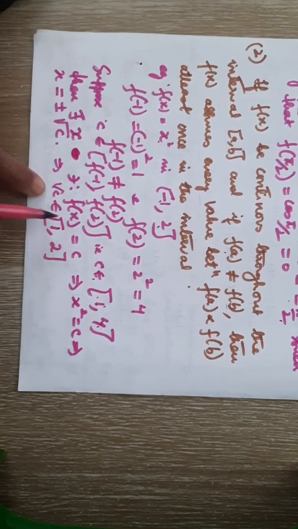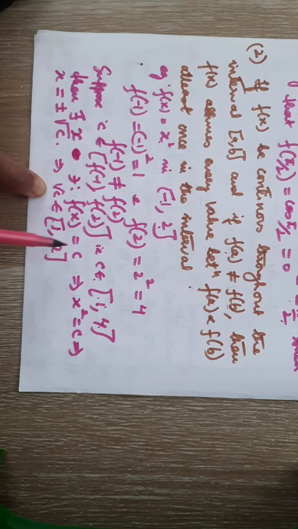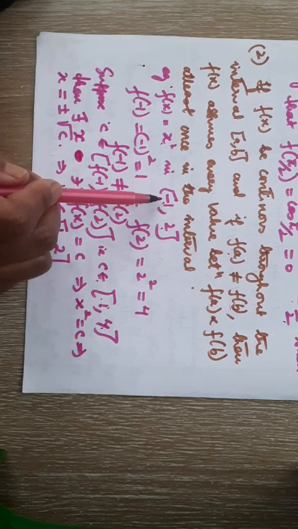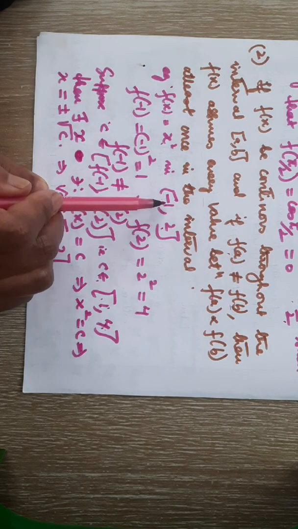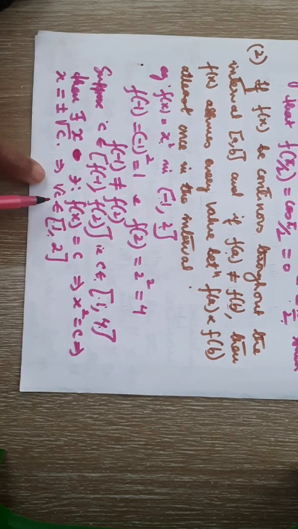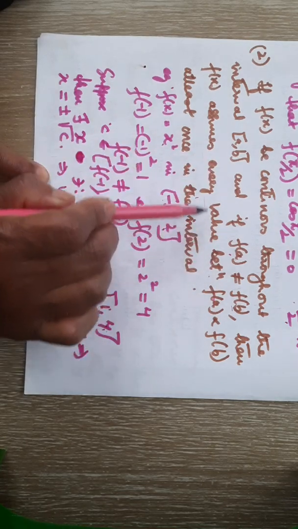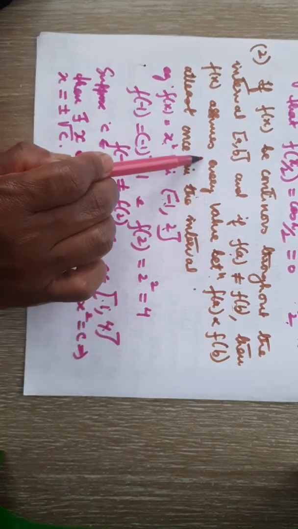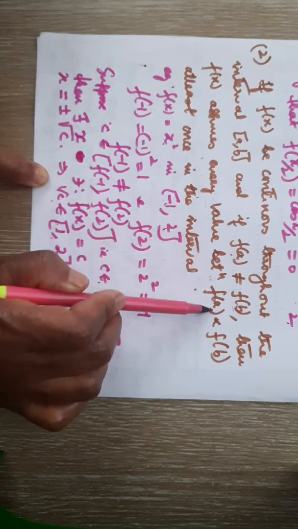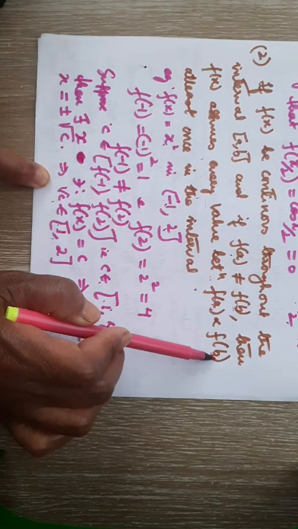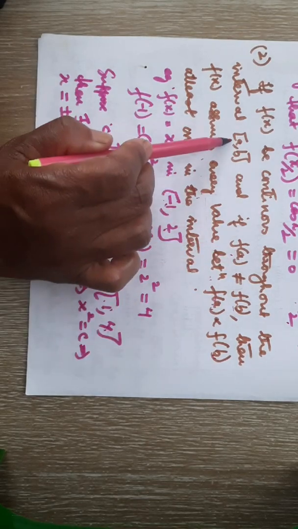And we know that this interval 1 to 2 is a sub-interval of minus 1 to 2. So you see that it is true in this case that f of x assumes every value between f of a and f of b. That means for C belonging to the interval f of a to f of b, you can always find an x which belongs to this interval.